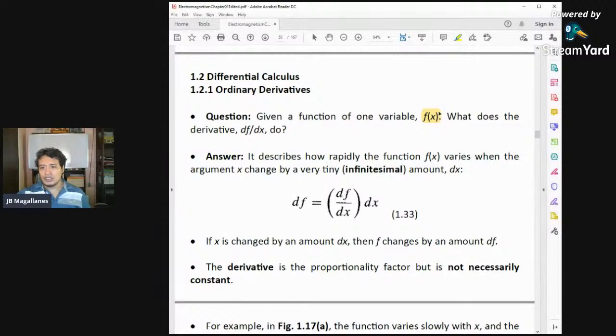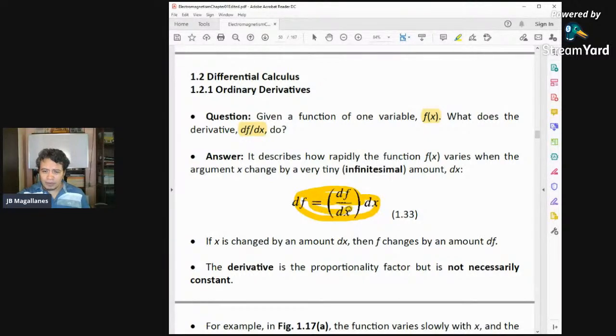So if this function depends on variable x, then you can get the derivative with respect to x here, or formally, you can write that as this one.